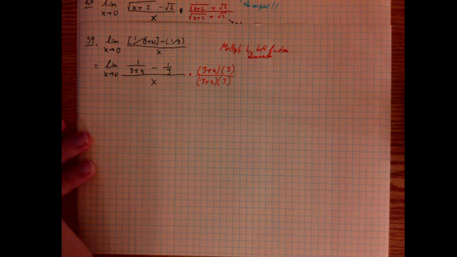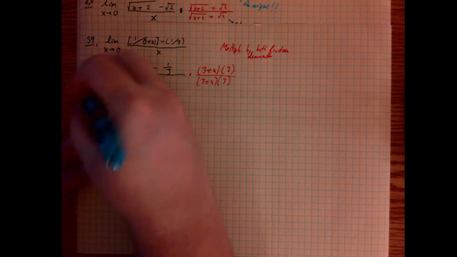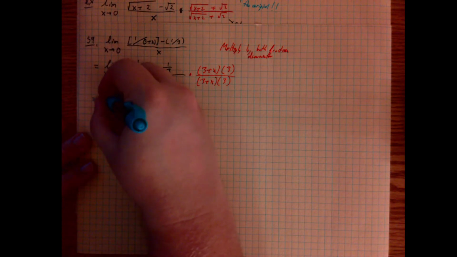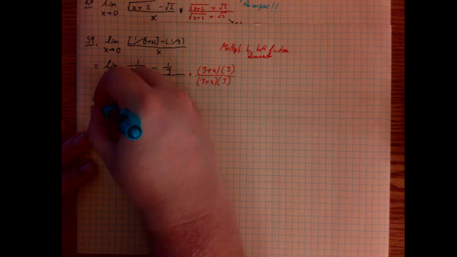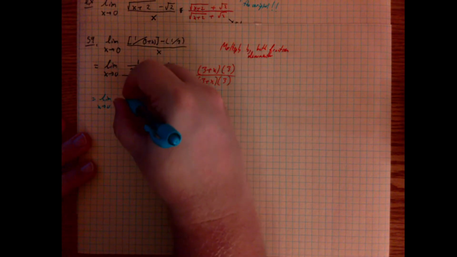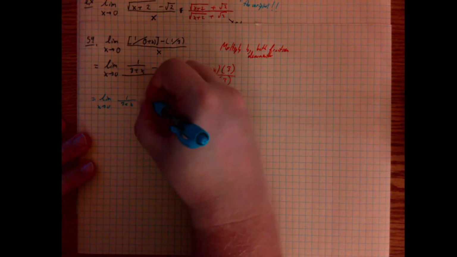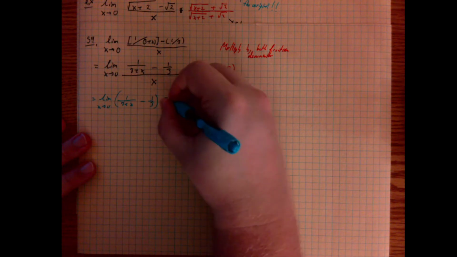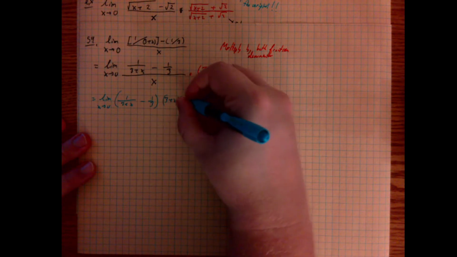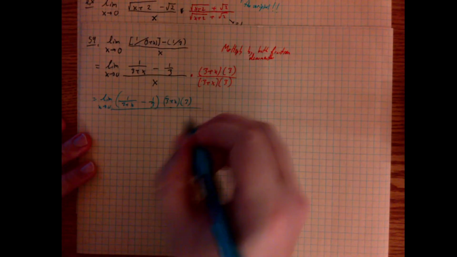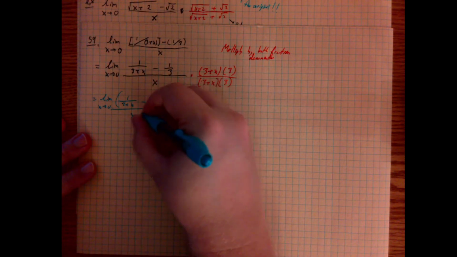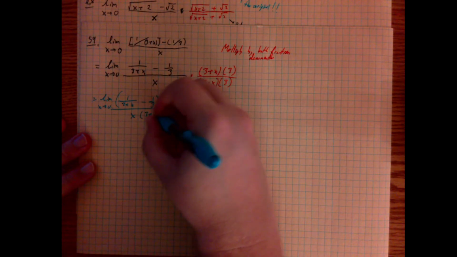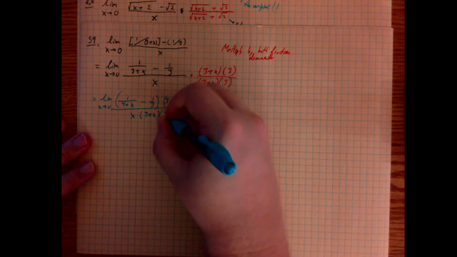So what that's going to do is actually pretty neat. On top, we'll just go ahead and write out what it would do. We would take the top piece, 1 over 3 plus x minus 1 over 3, times 3 plus x times 3, all over x times 3 plus x times 3.